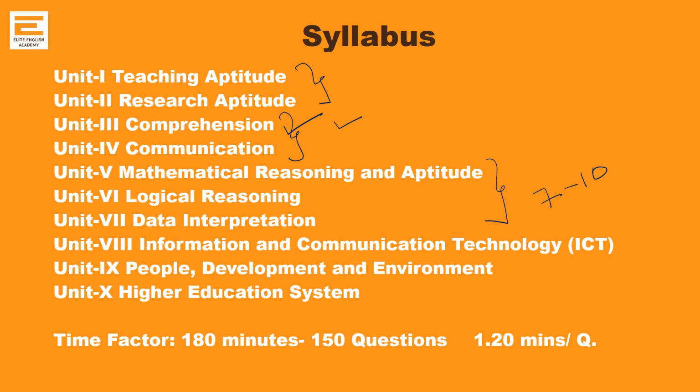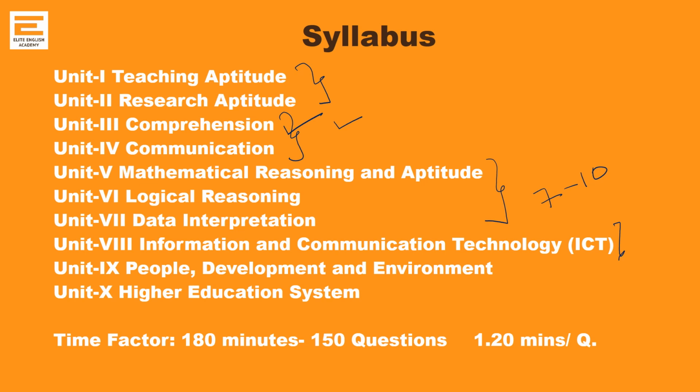That is 35 questions you can easily score, provided you get 7 to 10 questions correct in these three units. We have a separate faculty for these three topics. Definitely you will get further input in this series of videos.